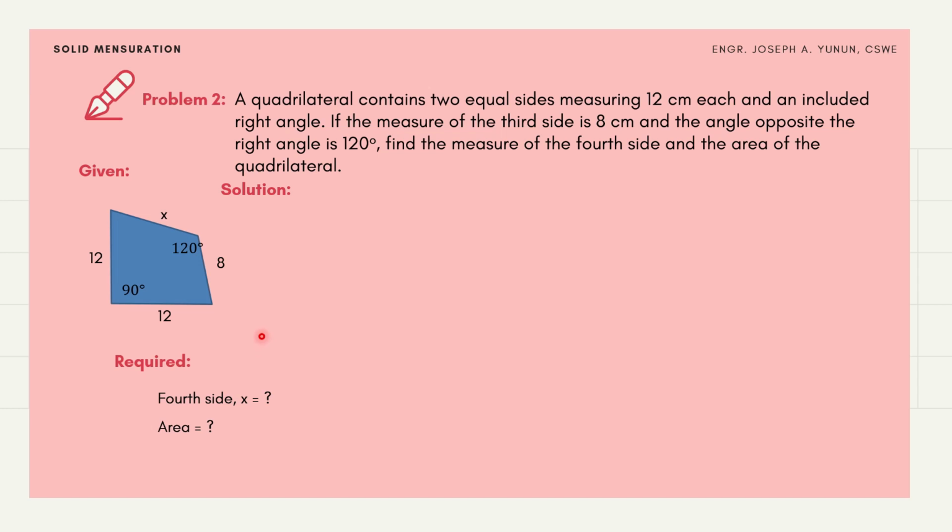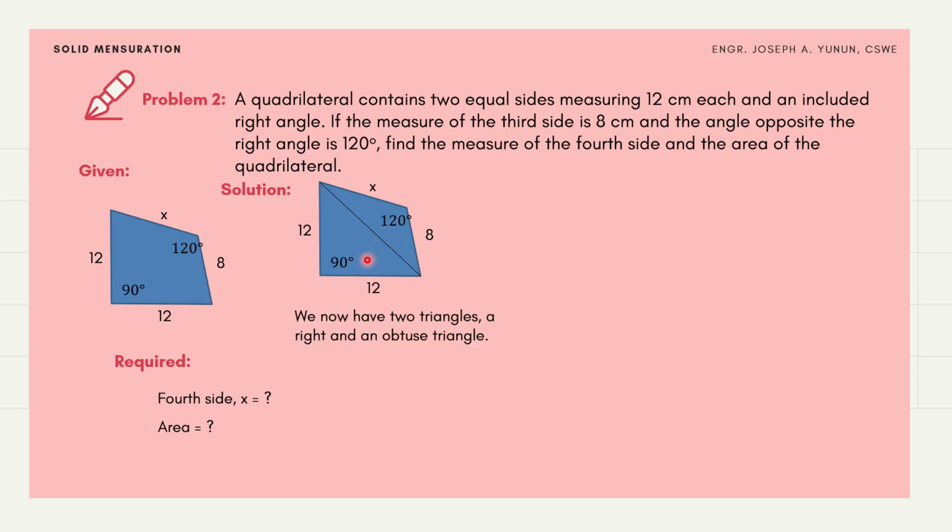Simple solution: I'll just draw a diagonal line, and you get two triangles, a right triangle and an obtuse triangle. I'm separating those triangles, and I'll provide the diagonal itself as y, the unknown value.